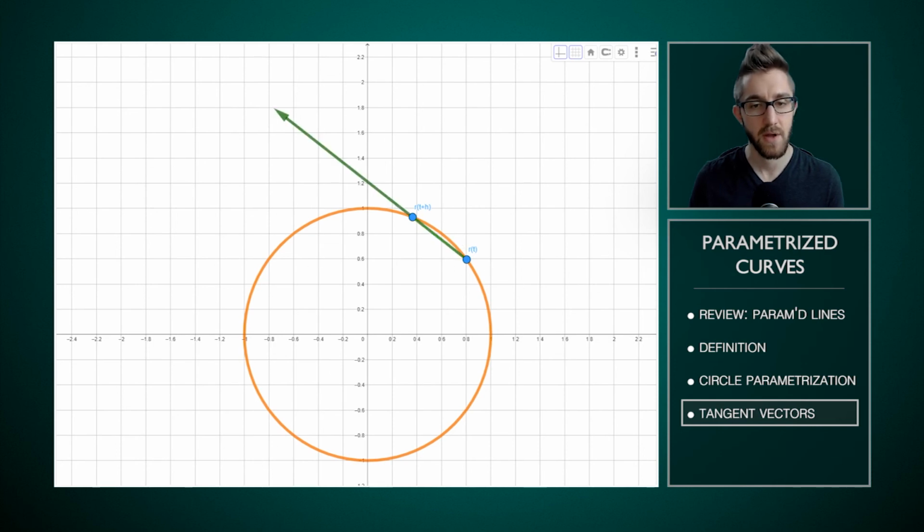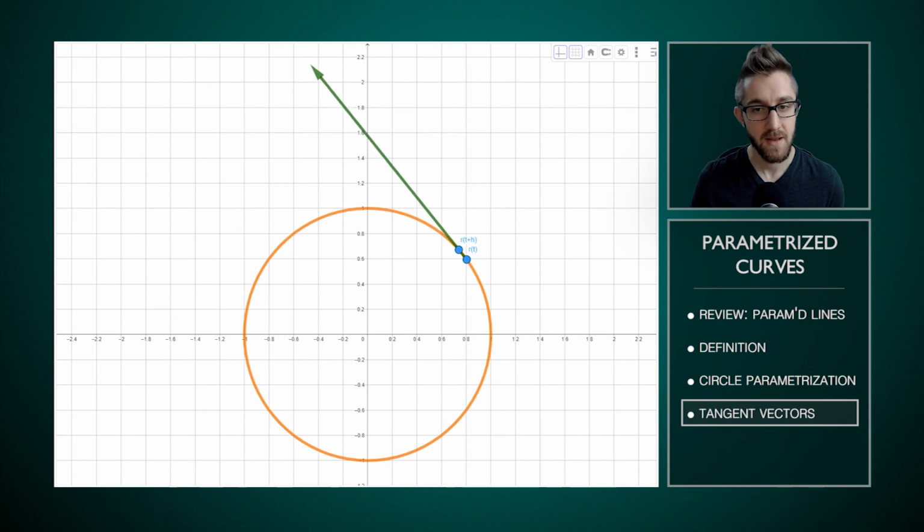And now the question is, as h goes to 0, so as this point goes to this one, what's going to happen? And maybe you can already guess what's going to happen in your head because this is sort of looking like a secant line. And remember back from single variable calculus, we take limits of slopes of secant lines to get the slope of the tangent line. But as h goes to 0, this point gets closer and closer to r of t.